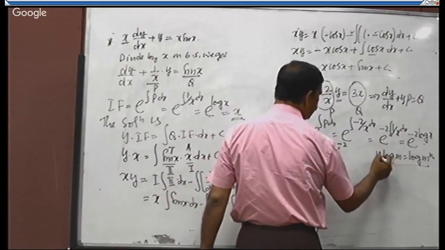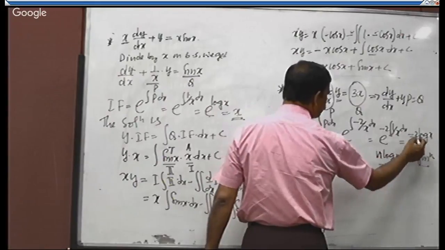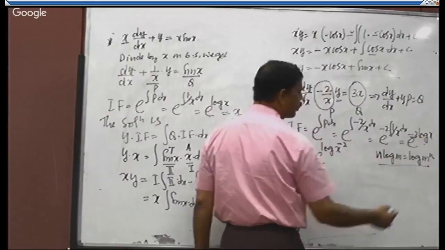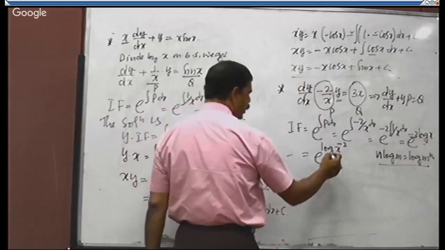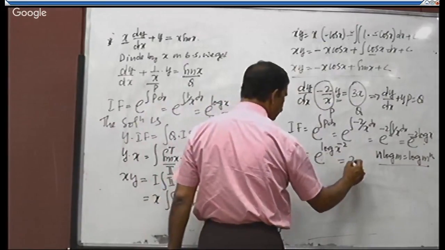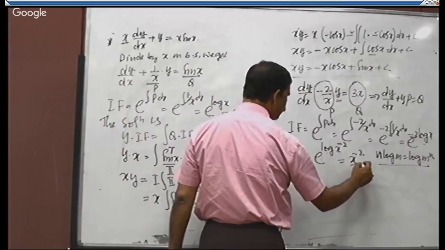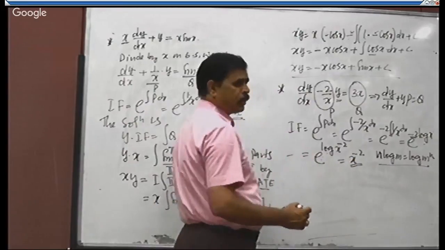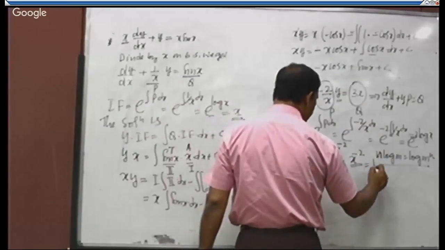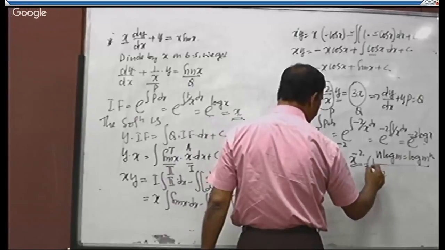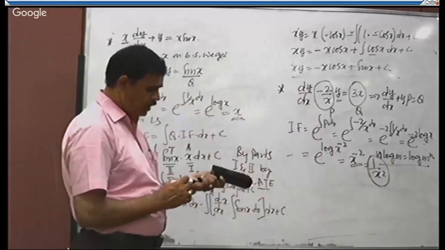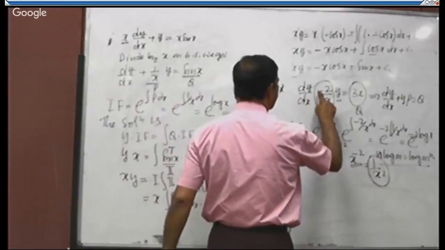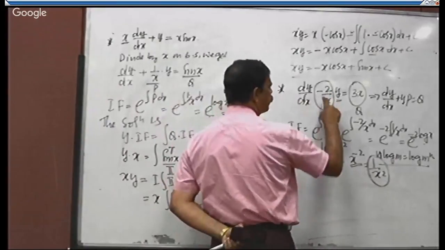See, n is the index, so this index becomes the power of x inside the log. Now, e and log get cancelled. It is x to the power of minus 2, which can also be taken as 1 by x square. So this is known as the integrating factor, right?